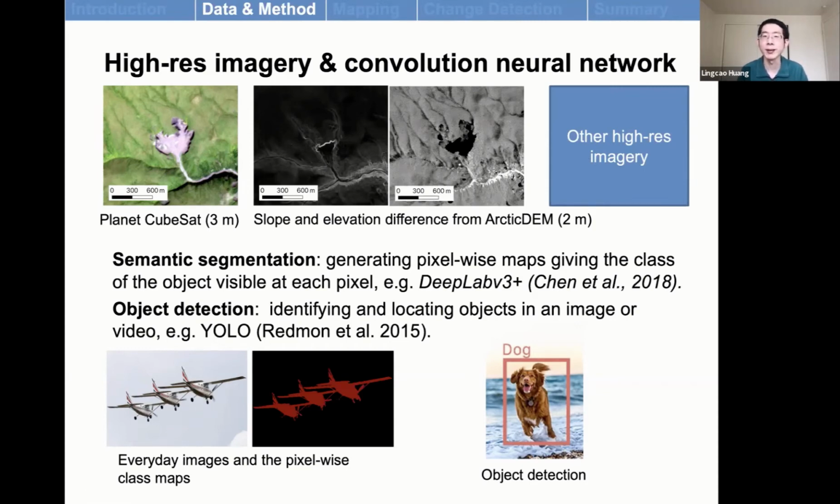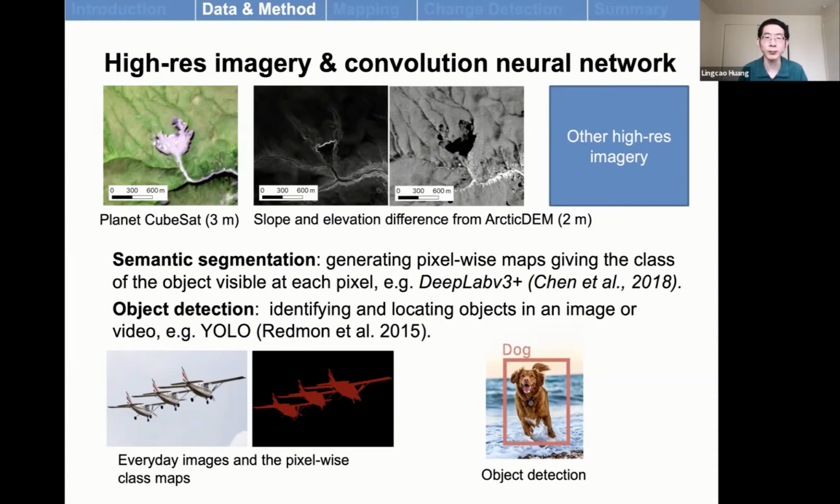The algorithm I use is from deep learning. There are actually many algorithms for different purposes, for example, for language and for images. For image processing, one successful network architecture is called the convolutional neural network, and it's very successful in image processing. That's why I use this one.